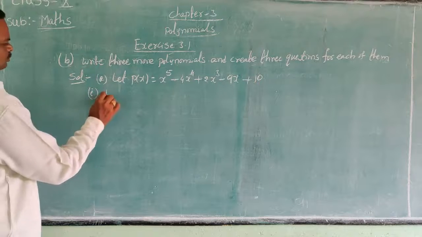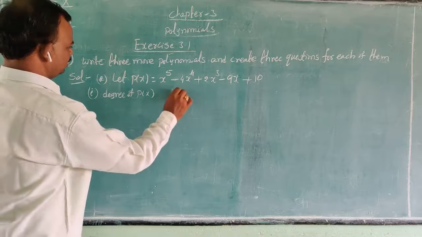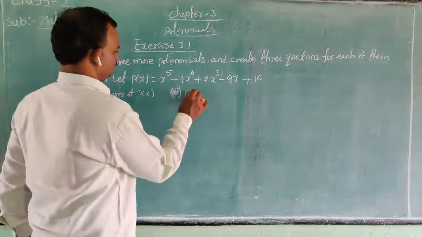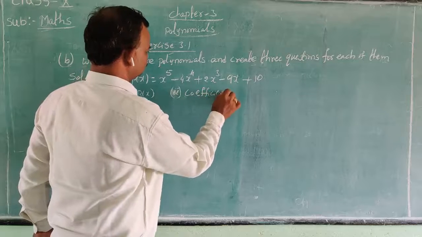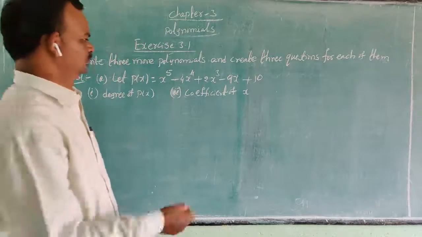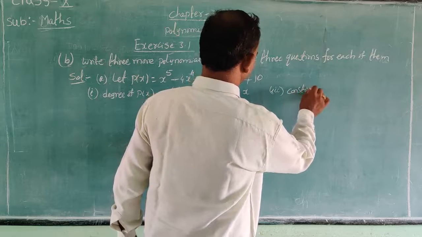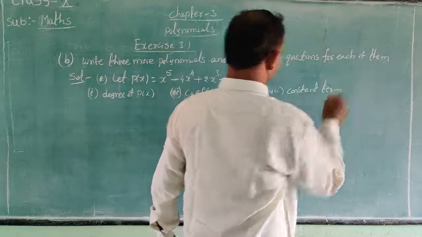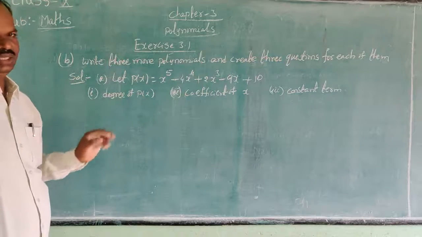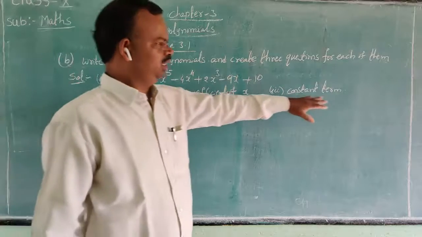The first is the degree of P of x, the second is the coefficient of x, and the third is the constant term. Creating 3 questions is enough, we need not write the answers.